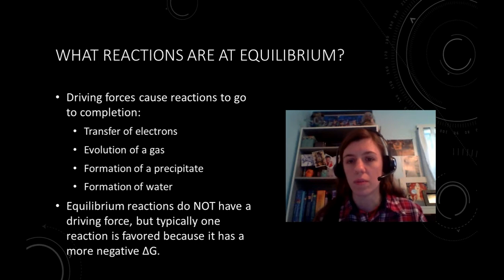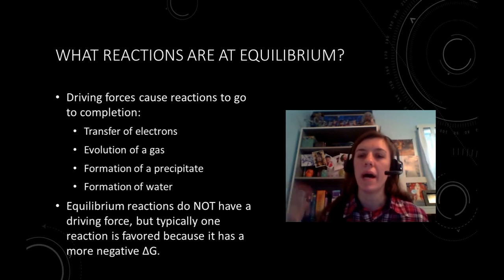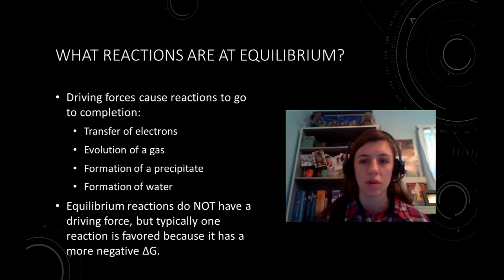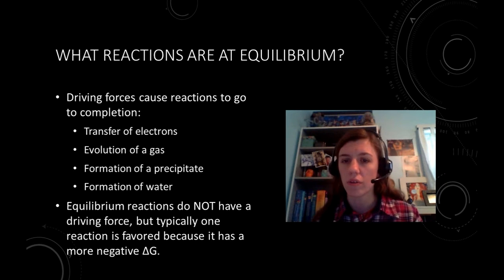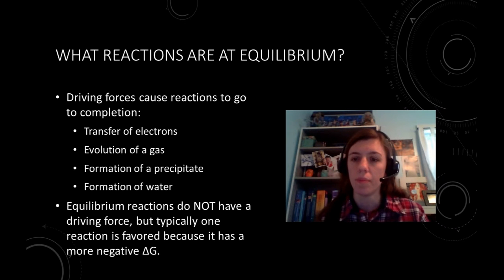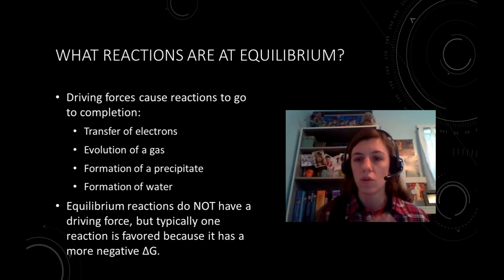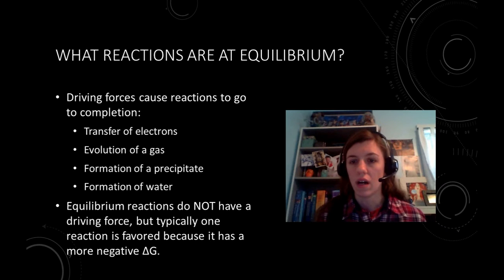So if you take electrons from an atom with very low electronegativity and they're transferred to an atom with very high electronegativity, it's unlikely that that reaction is going to spontaneously go in reverse, because it would take a lot of energy to remove them back off of the highly electronegative atom and give them to the one with low electronegativity. So if you transfer an electron from potassium to chlorine, the likelihood that that is going to go back the other way from chloride to potassium is highly unlikely, and it's definitely not going to happen spontaneously.